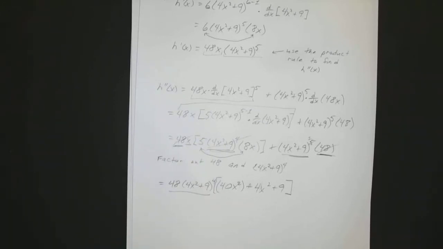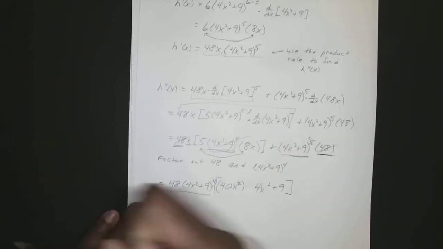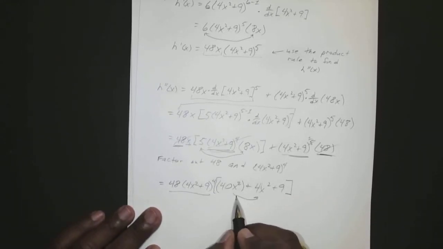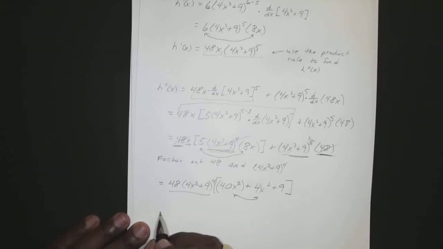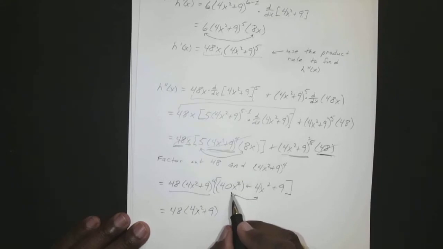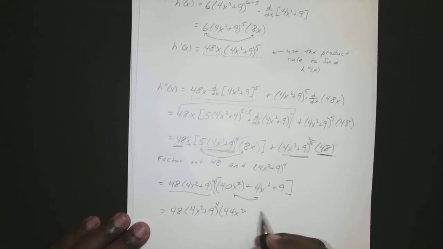Okay. So once we go ahead, let me clean that up some. There we go. So we can go ahead and just combine those two. We'll have 48 times 4x squared plus 9 to the 4th times 44x squared plus 9.